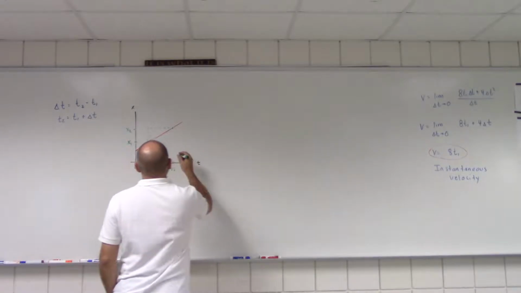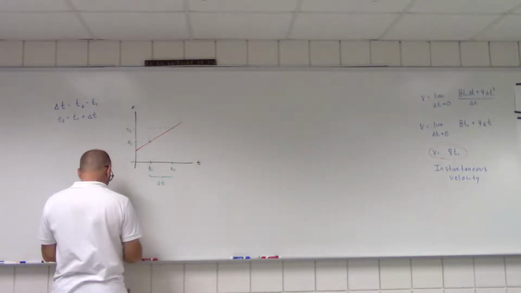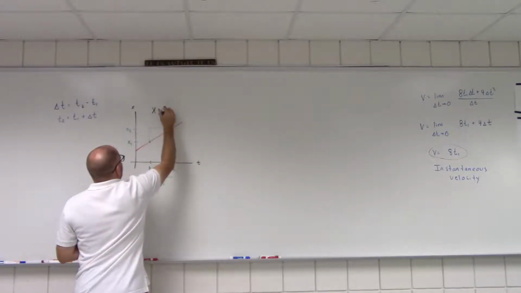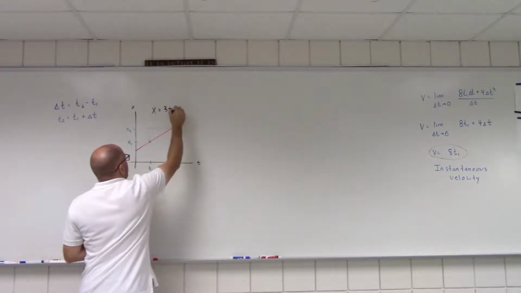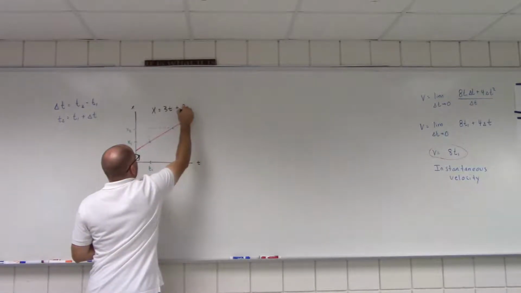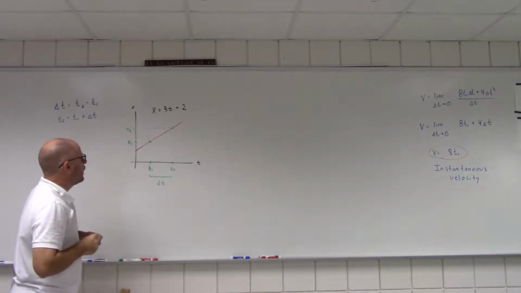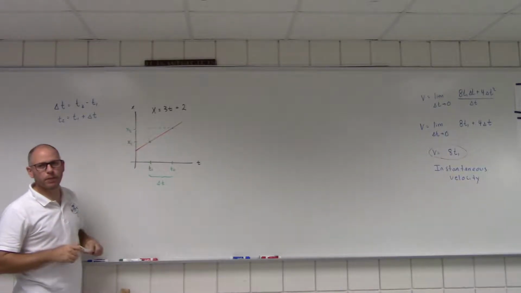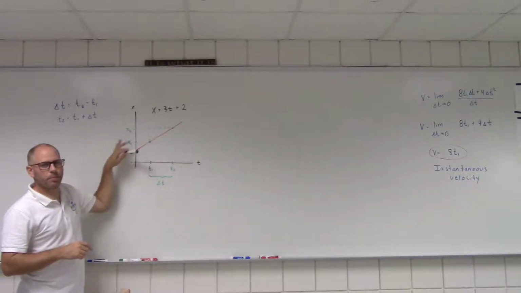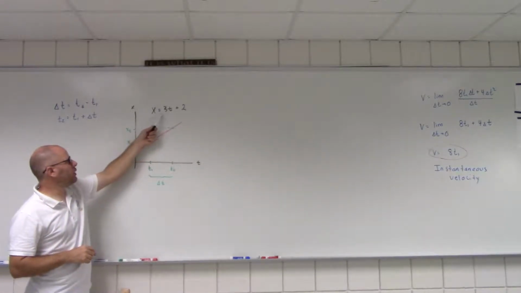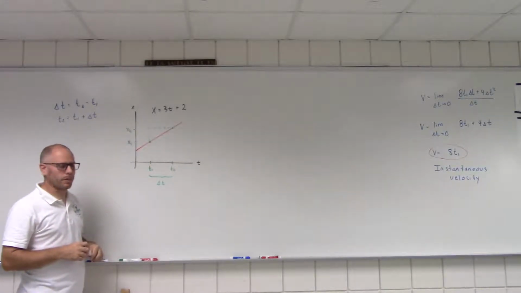So let's give this a function. Let's say the function for this is the position is equal to 3t plus 2. That would be this, because it's y equals mx plus b, so 3t plus 2.